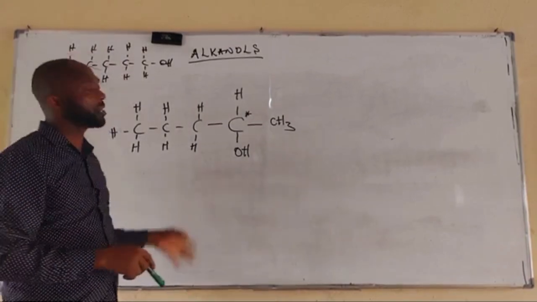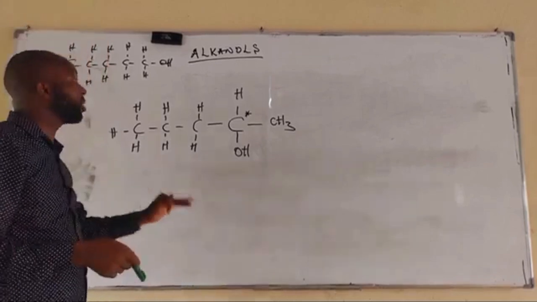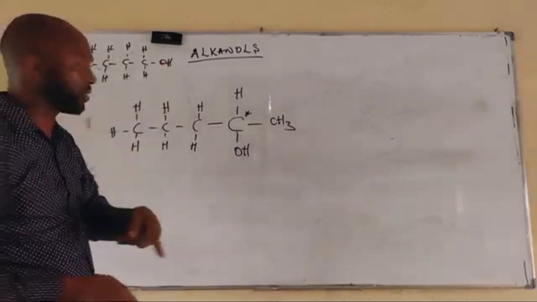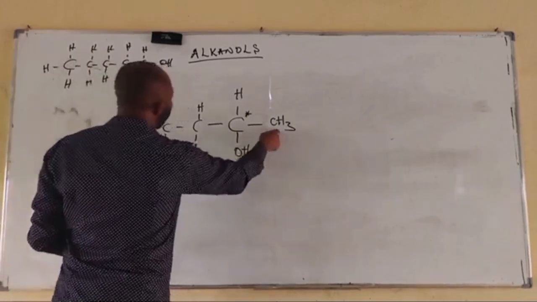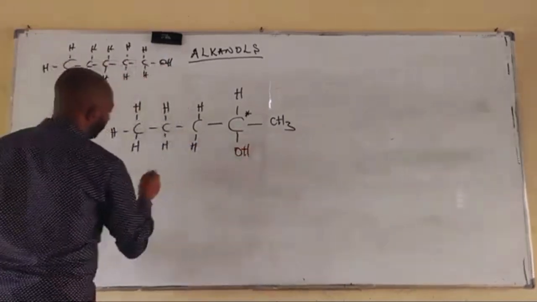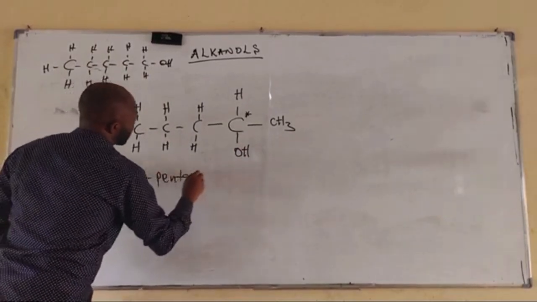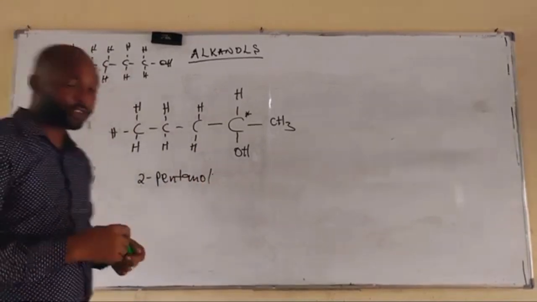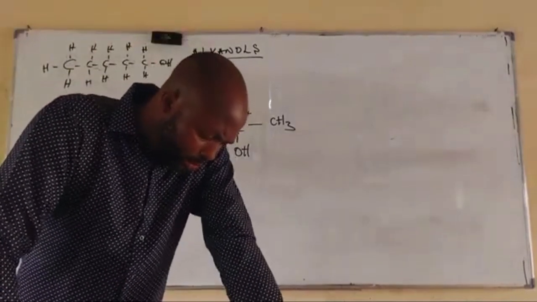So this is the structure they asked us to write, which is isomeric with pentanol but is optically active. So now what's the name? This is 2-pentanol. It is isomeric. Let's move on.